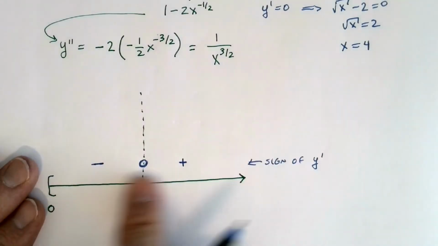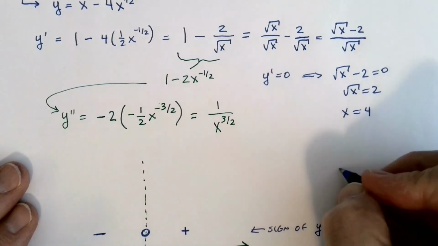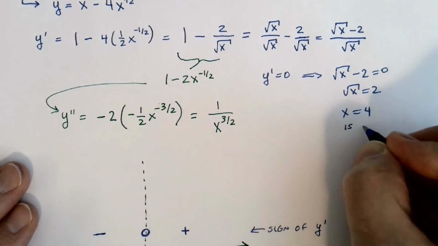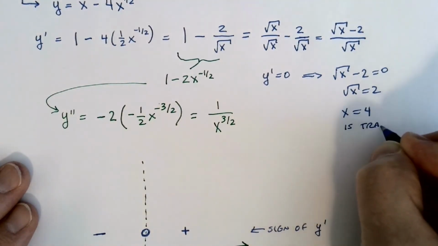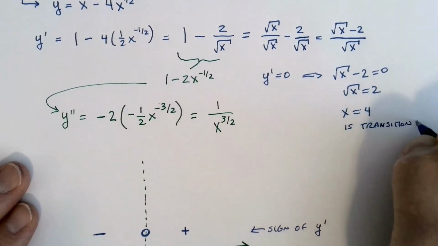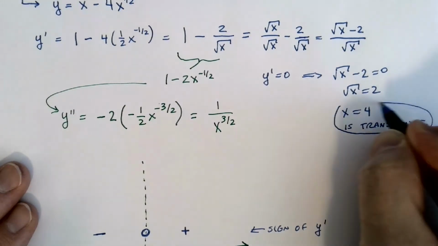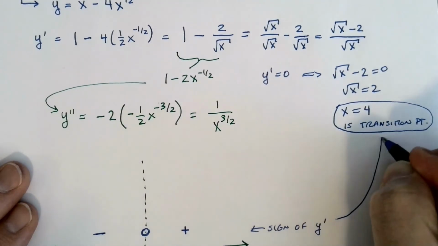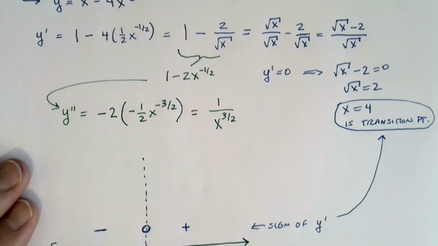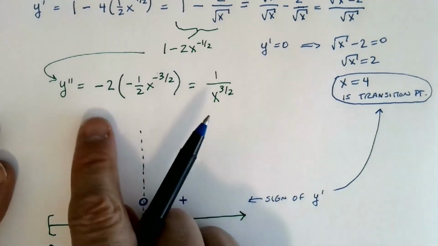Okay. So notice we have a transition point. X equal 4 is a transition point. In fact, it's the only transition point, because we see a change in sign in the first derivative at x equal 4. The second derivative now, let's think about it.